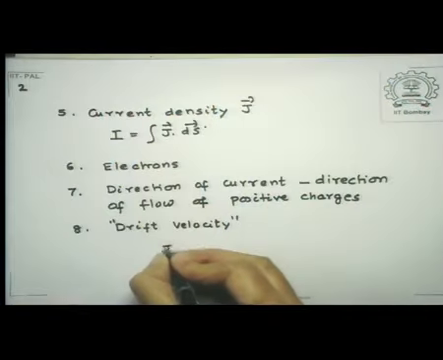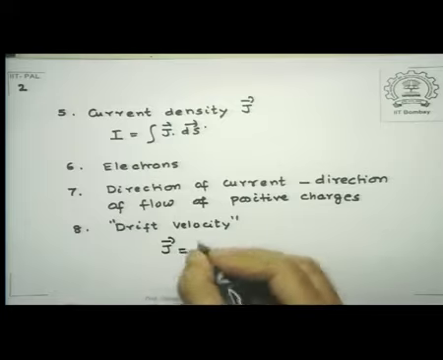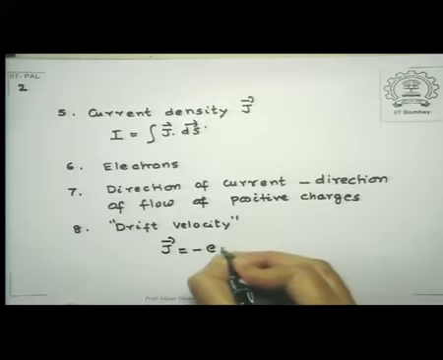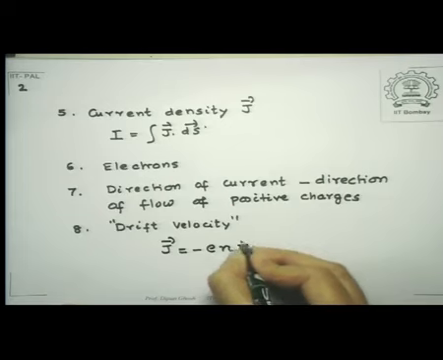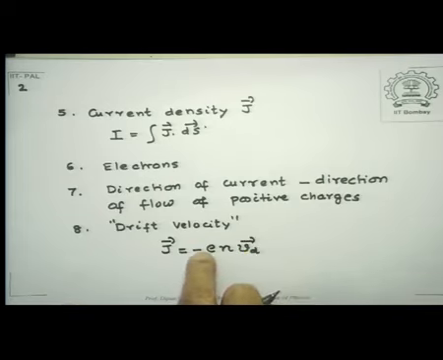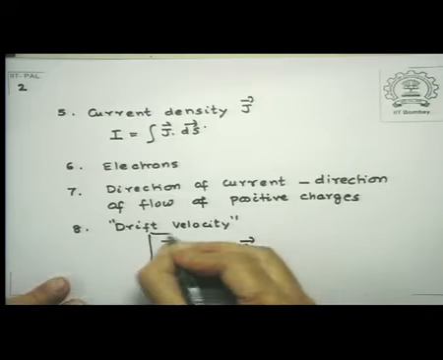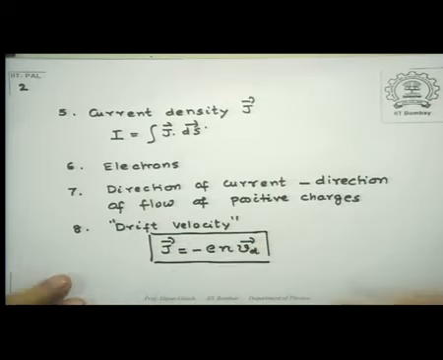We also obtained the relationship between the current density and the drift velocity: j = minus e n Vd, where this minus sign is because we are talking about the drift velocity of electrons, e is the charge of an electron and n the number density of the electrons. So this is the relationship between drift velocity and the current density. Here e is the magnitude of the electronic charge, which is 1.6 into 10 to the minus 19 coulomb.